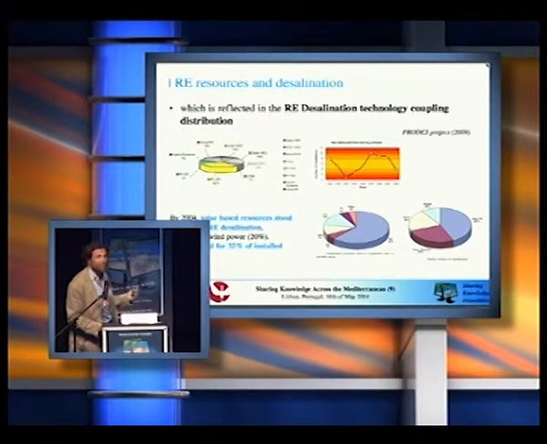We see that 70% of renewable energy desalination systems rely on solar-based resources. Photovoltaic and reverse osmosis combinations alone stood for 32% of the total installed systems. Also, wind power based systems with reverse osmosis have a clear importance, so they stand for 20% of these systems.